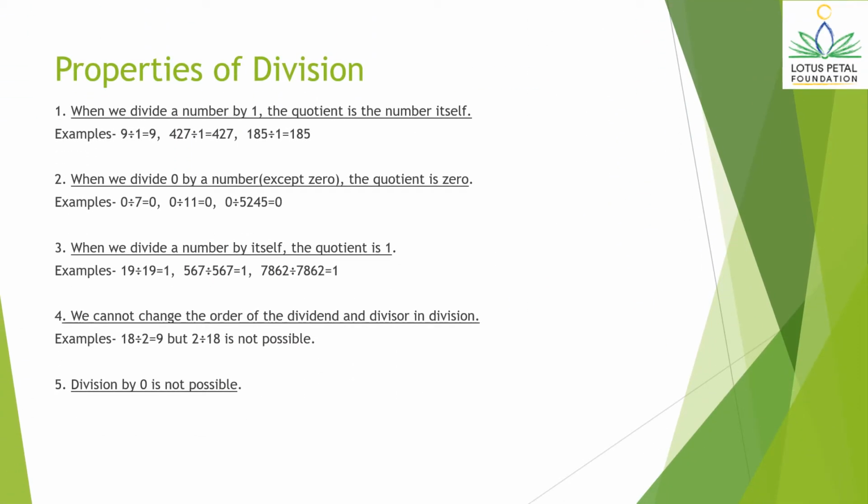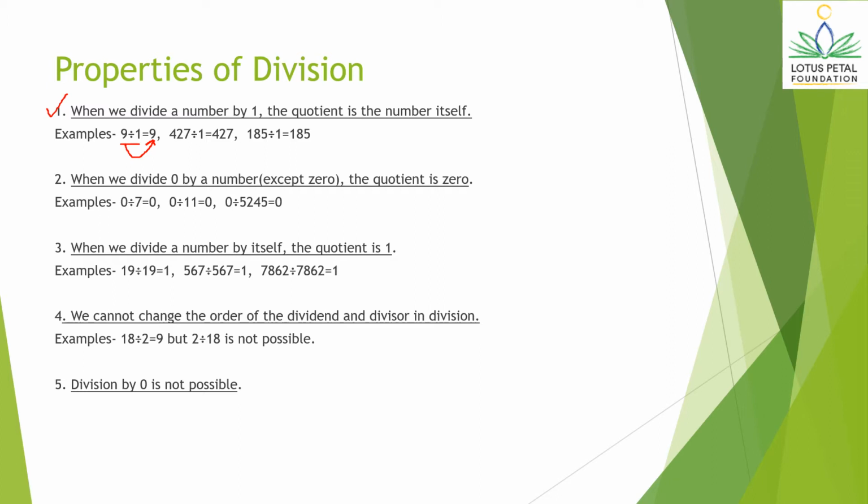Properties of division. Our first property says when we divide a number by 1, the quotient is the number itself. That means if we want to divide 9 by 1, we will get the quotient as the number itself, that is 9.